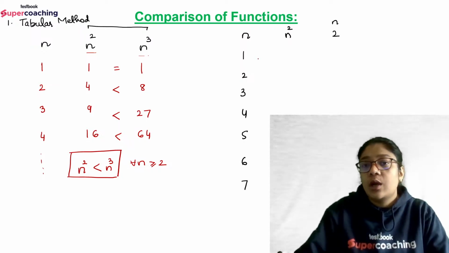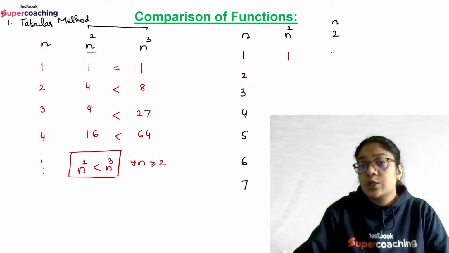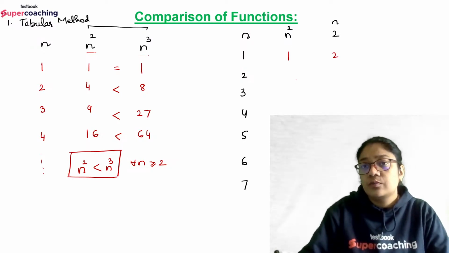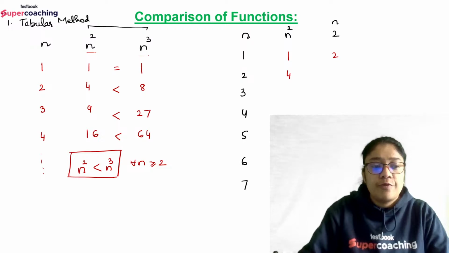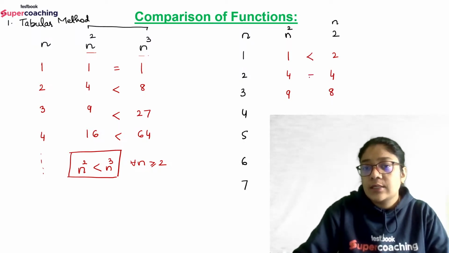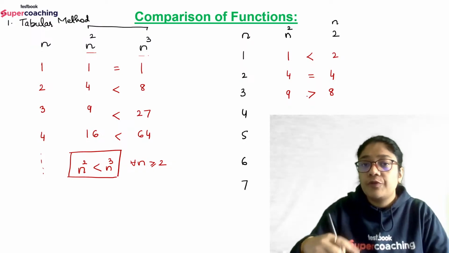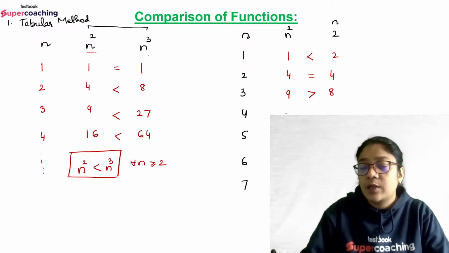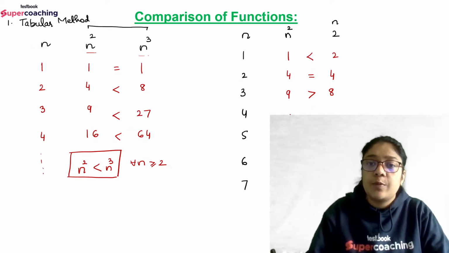Now, 1 square is 1, 2 raised to power 1 is 2. 2 square is 4, and 2 square is 4. 3 square is 9, 2 cube is 8. This value was smaller, this is equal, now this is greater. So function is changing. जब तक value stable नहीं आती तब तक it will keep on changing.